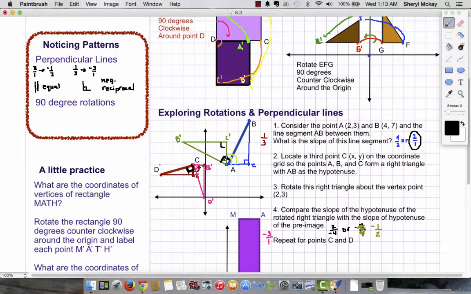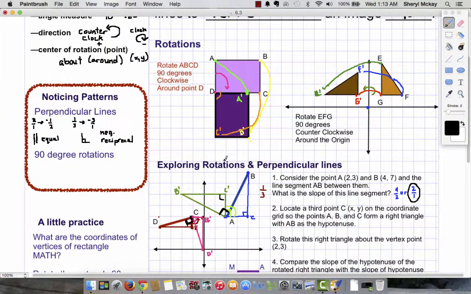So let's take a look at it on this one up here, where we have our center point not being one of the points. Let's look at this one here, where our center point was the origin.